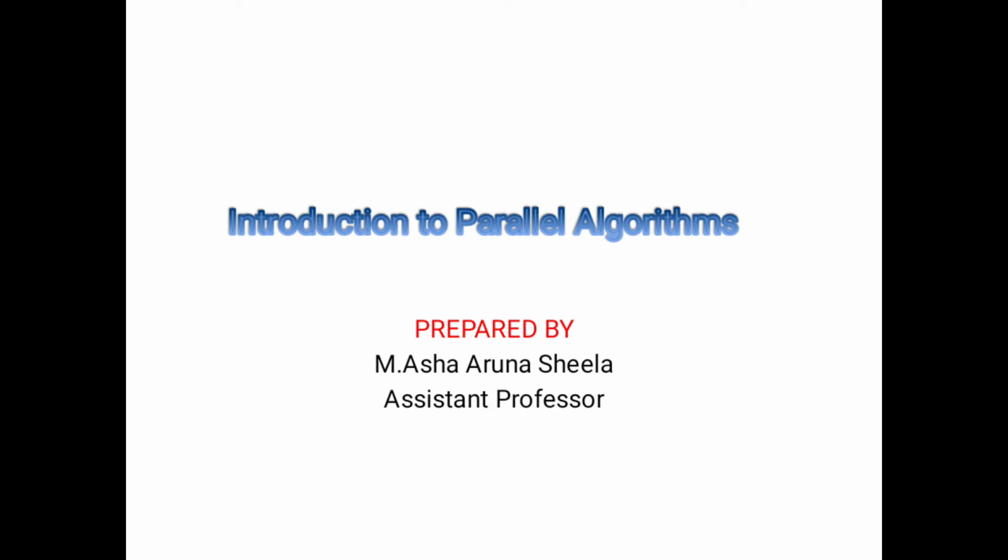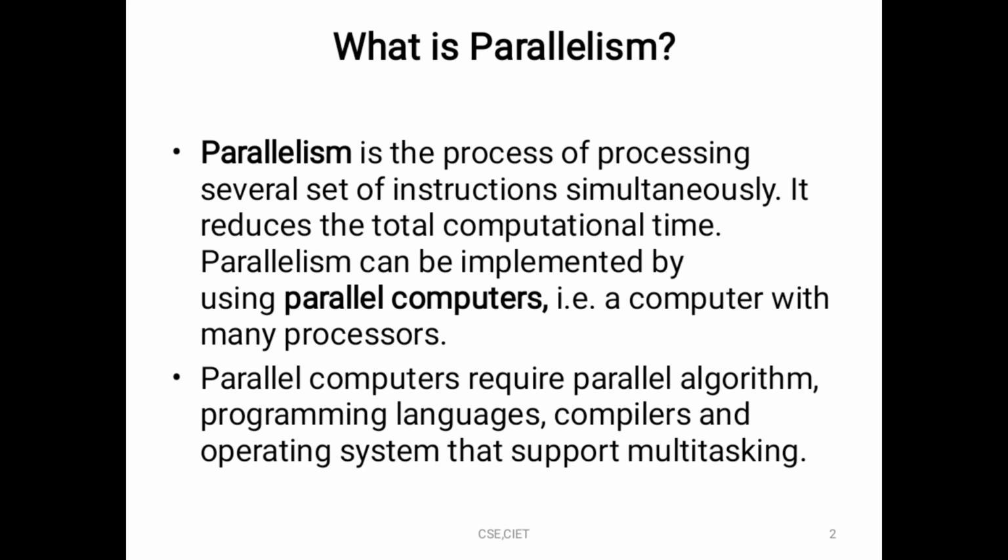Today I want to discuss the topic, Introduction to Parallel Algorithms. So what is parallelism? Parallelism is the process of processing several sets of instructions simultaneously. It reduces the total computational time.